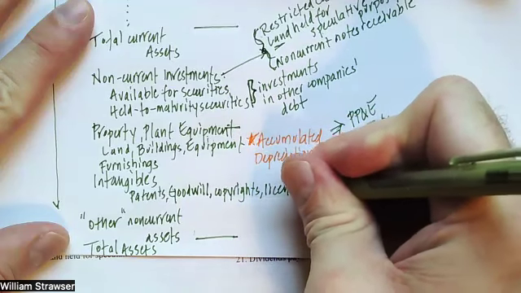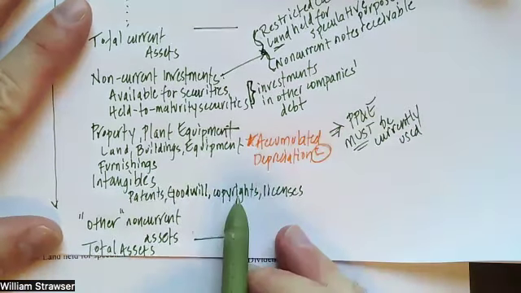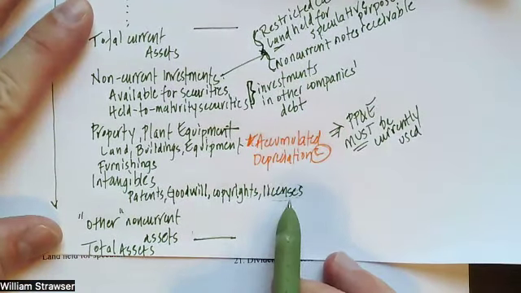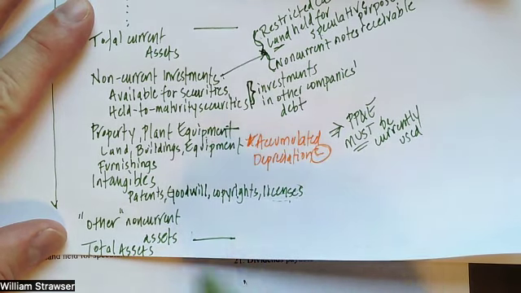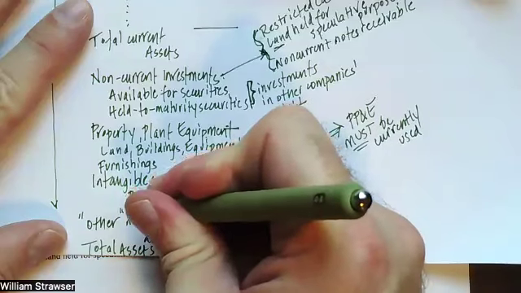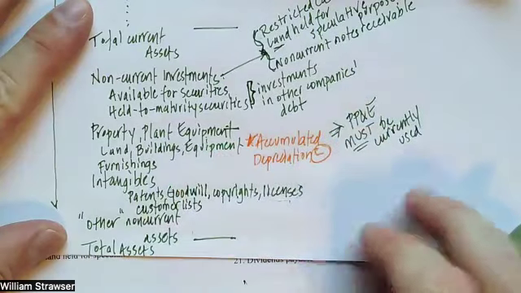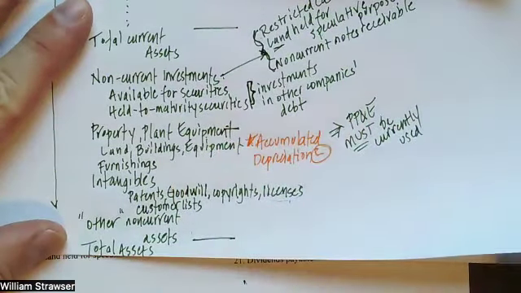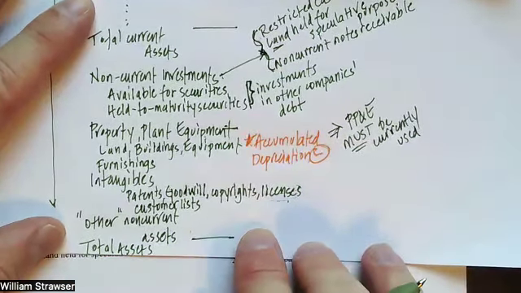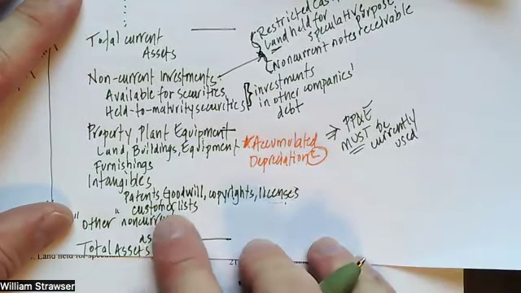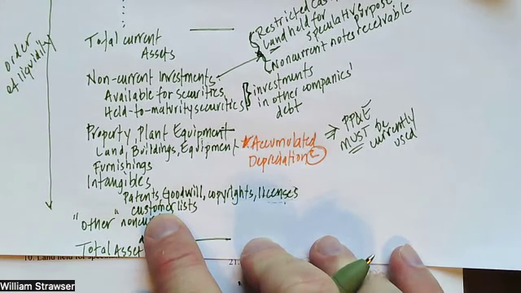Basically patents and copyrights are licenses, but any other sort of licenses, software licenses, things of that nature could be considered an intangible. Customer lists are considered an intangible asset, right? Just things that don't have physical substance that tend to provide an economic benefit. Like our customer list, the people who buy things from my company.